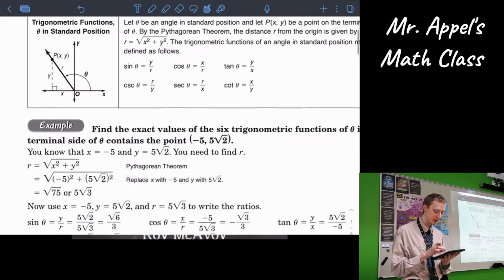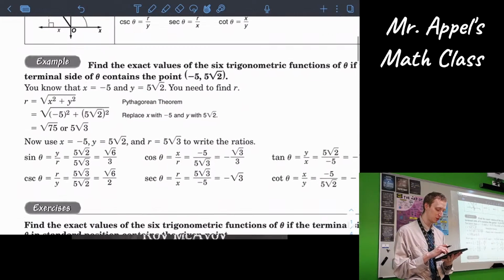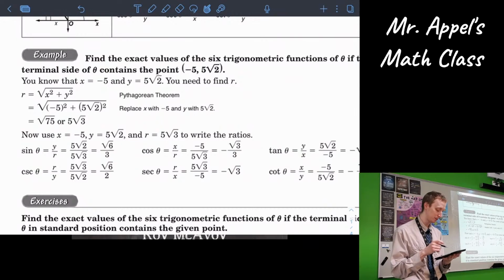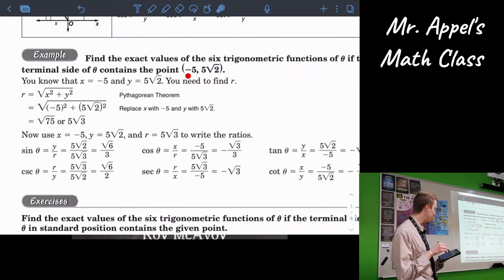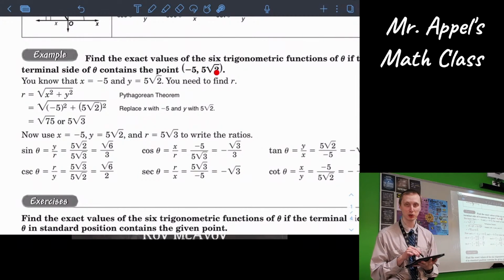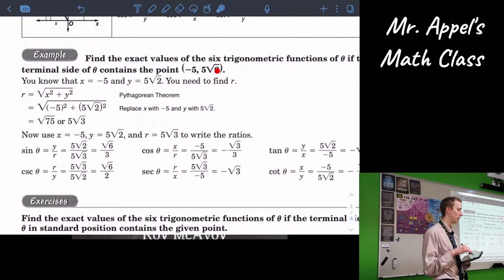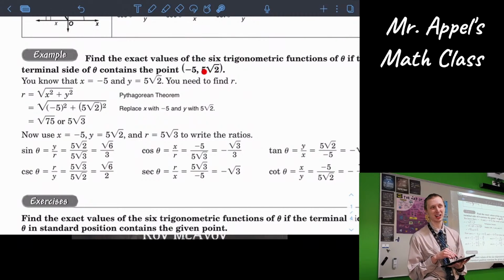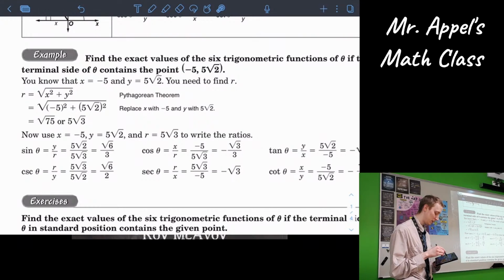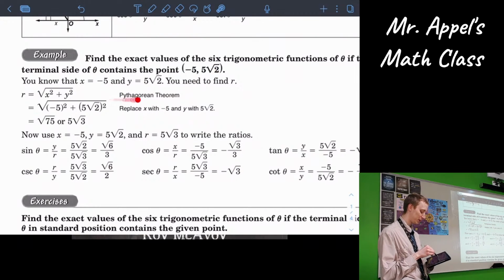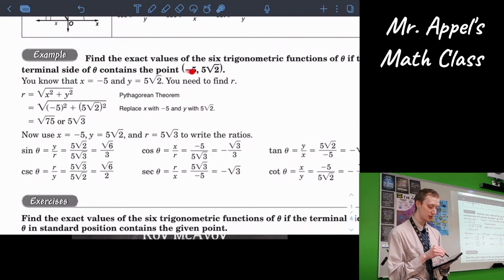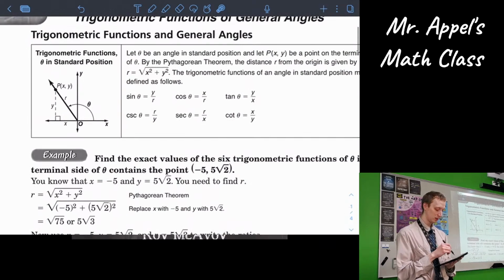Now, these examples here, again, are the most general from any point along the plane. Take the point -5, 5 root 2. Oh gosh, they had to throw in a radical in there. How obnoxious. Right? Don't worry, we'll take care of it. First up, Pythagorean theorem, right? This point up here, they are, by definition, the x and the y coordinates of the point.